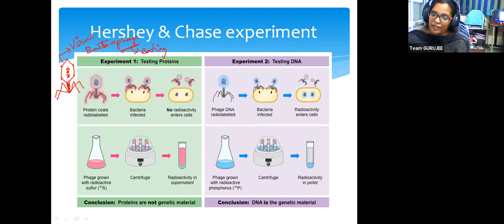The structure of a bacteriophage is like this. It has an outer coat, and this is the DNA. It has DNA, the genetic material, inside it. They did the experiment in two stages. In the first step, they labeled the bacteriophage with radioactive sulfur.